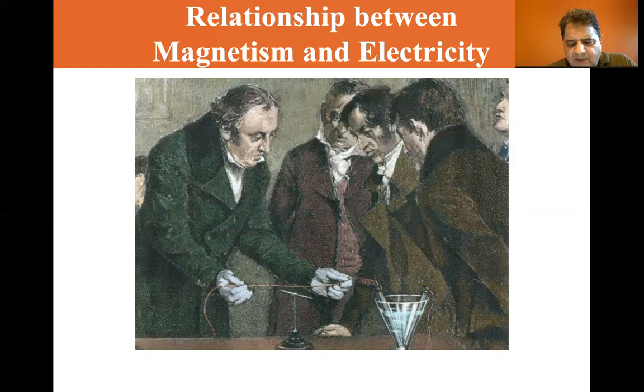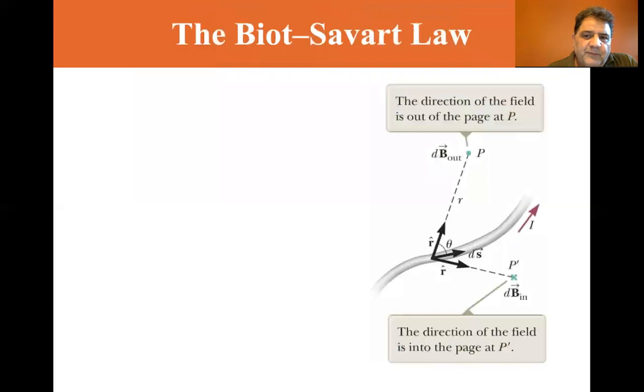So changing magnetic fields create an electric field, and Maxwell showed that changing electric fields create magnetic fields. So in general, the source of a magnetic field is moving electric charge. And what you're seeing here is Orsted's demonstration of the wire causing the compass to move.